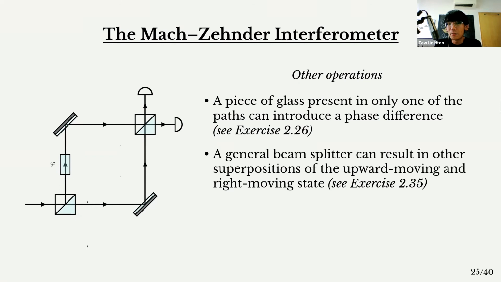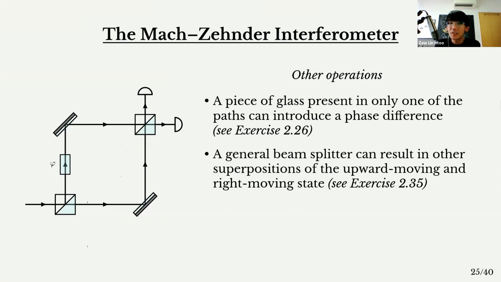You can also have beam splitters which are not 50-50, but maybe like 75-25 or any arbitrary ratio. With this, you can generate superpositions that are maybe 90% on the right moving photon and 10% the upward moving photon.